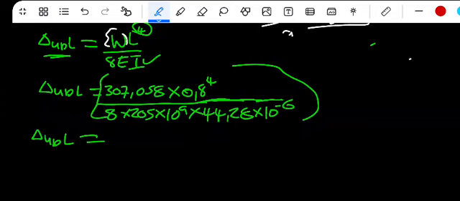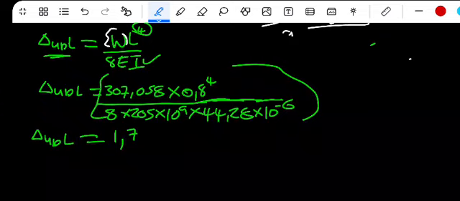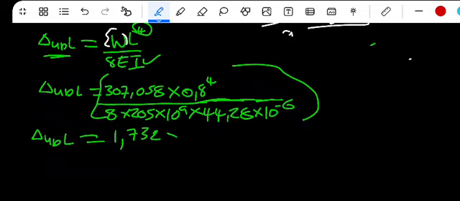What do we achieve? This will be 1.732 times 10 raised to the power of minus 6.